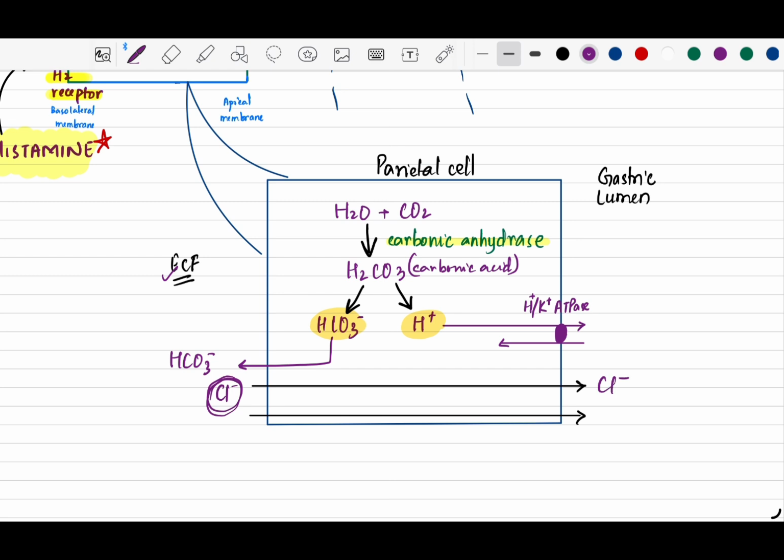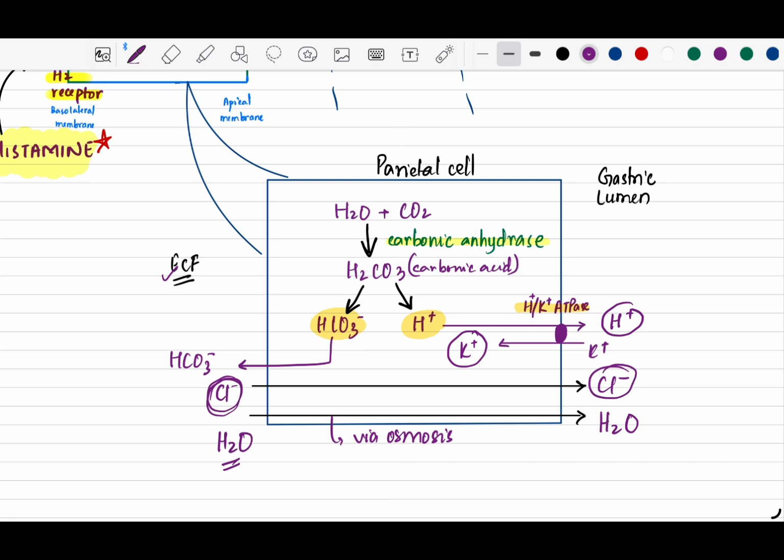balance of the cell, chloride from the extracellular fluid is going to enter into the parietal cell and move directly into the gastric lumen. Then the hydrogen ion that we discussed is going to move through the hydrogen potassium ATPase pump out into the gastric lumen, and potassium from the gastric lumen is going to move inwards again to maintain the electrical ionic balance. Another thing is that water from the extracellular fluid is going to move into the gastric lumen, and this is going to be via osmosis, because we know that wherever the ions are going to travel, the water is going to follow that.